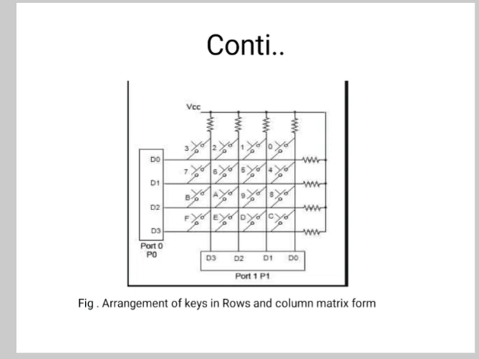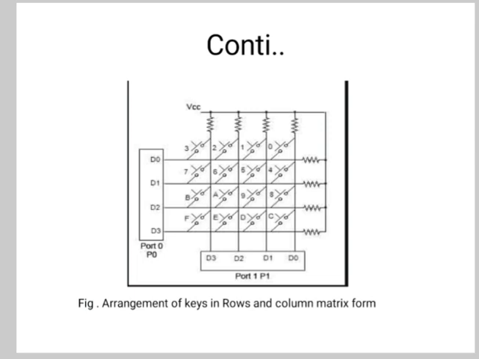So this is the arrangement of keys in a rows and columns matrix. So keypad is nothing but a bunch of switches which are arranged in a particular fashion. Now it is better to arrange the switches in a more optimized pattern so that we lessen the number of pins to monitor these switches.